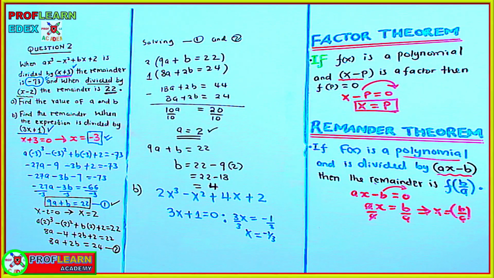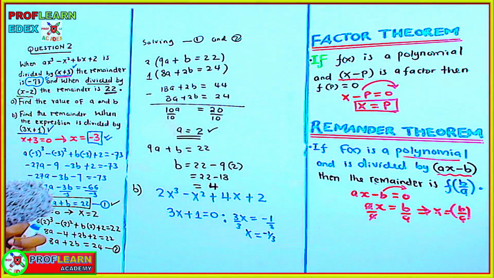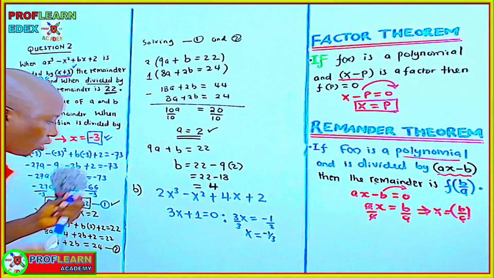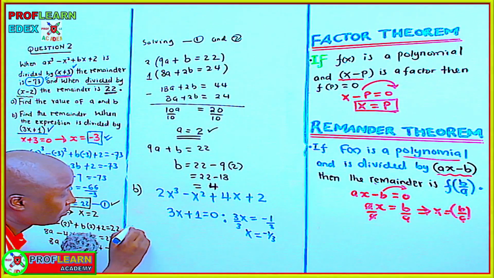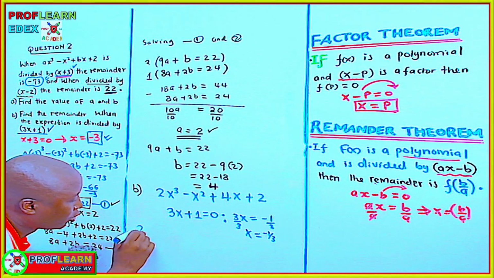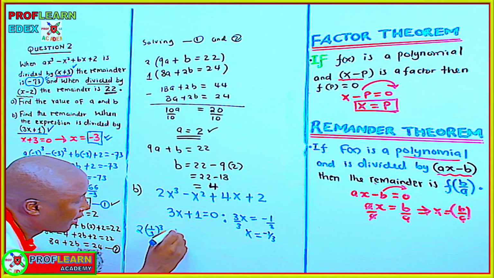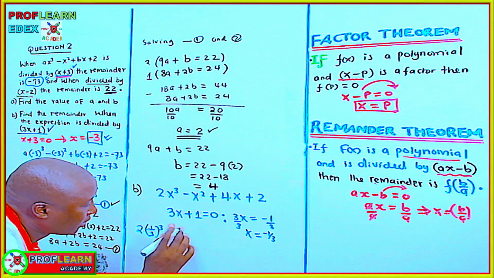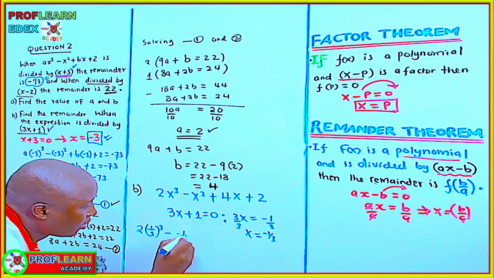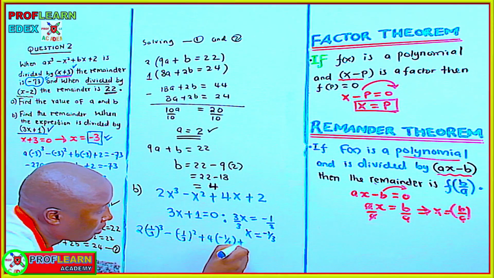So we are going to substitute x equals negative 1 over 3 anywhere we have x. Our remainder will be equal to 2 into negative 1 over 3 cubed, minus negative 1 over 3 squared, plus 4 into negative 1 over 3, plus 2.